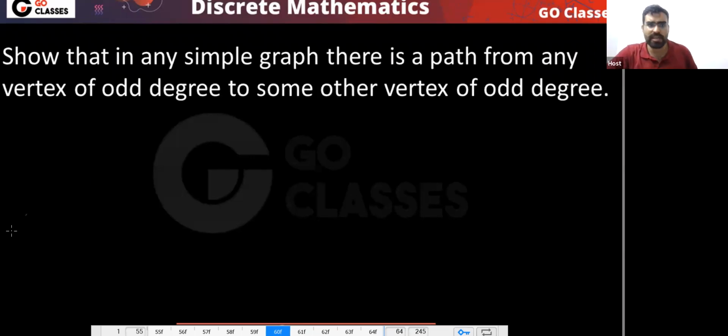The same question they can ask you like this: show that in any simple graph, there is a path from any vertex of odd degree to some other vertex of odd degree.